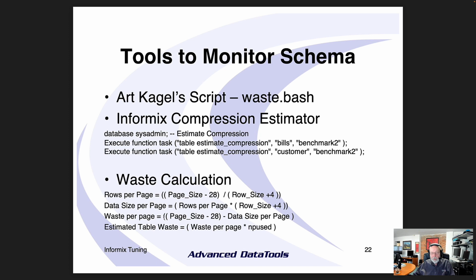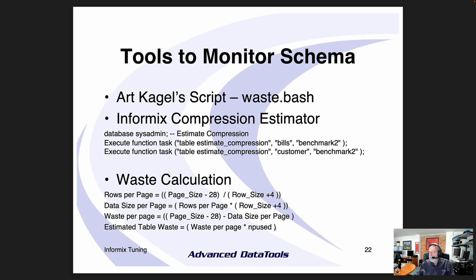And you then want to take your data size and subtract that from the page size, and that will tell you how much is waste on that page. And then you want to take an estimated waste for the whole table. You want to take this waste and multiply it by the number of pages used, and that will give you an idea of how much has been wasted.